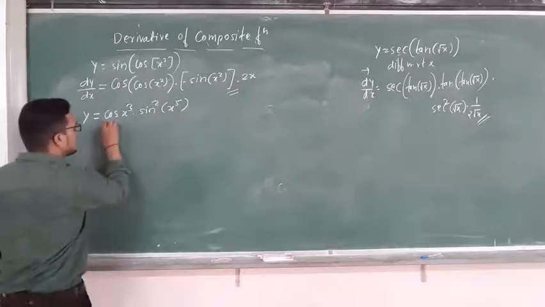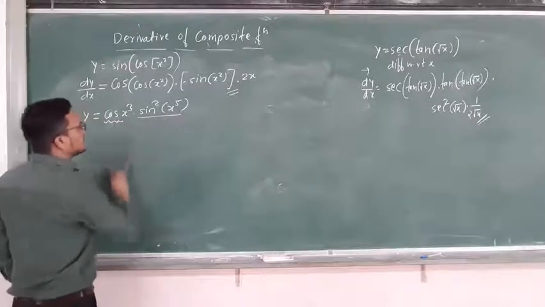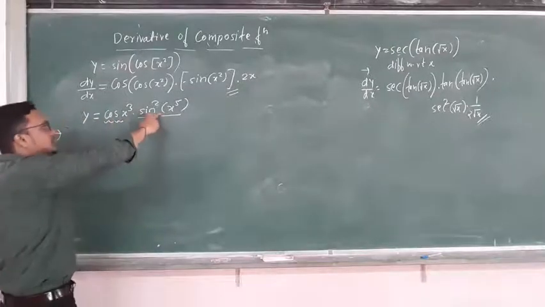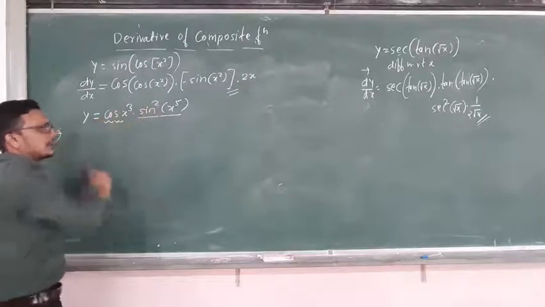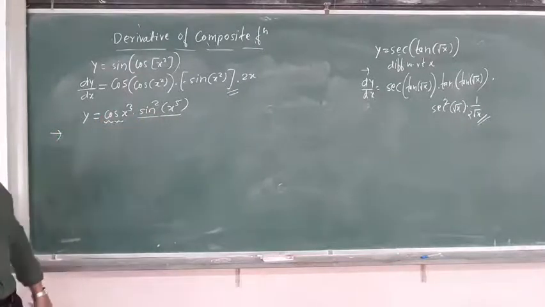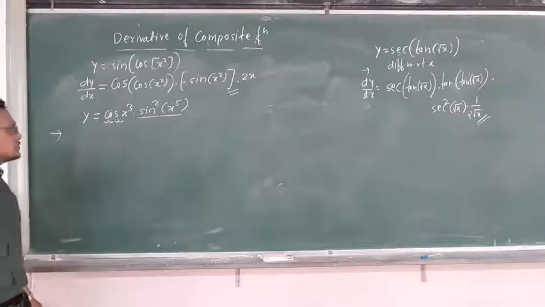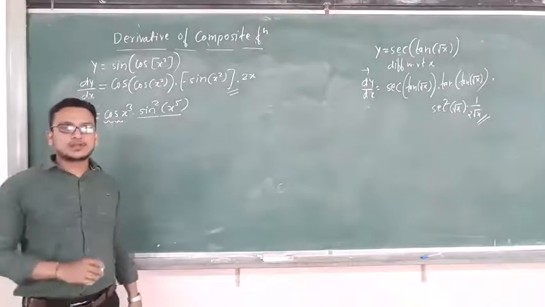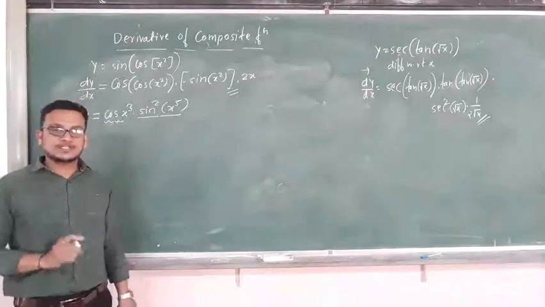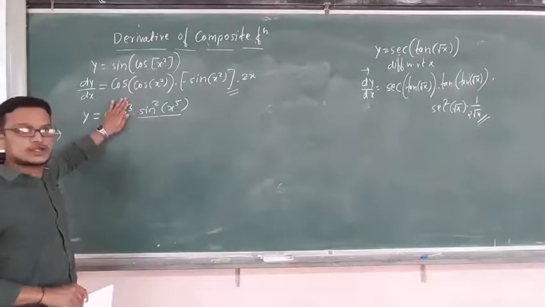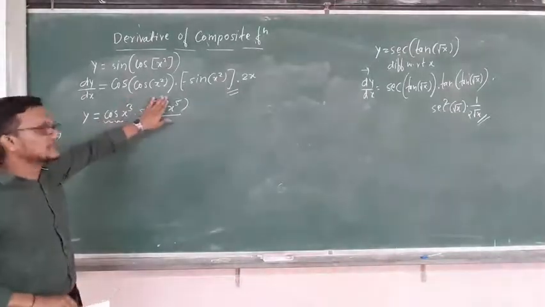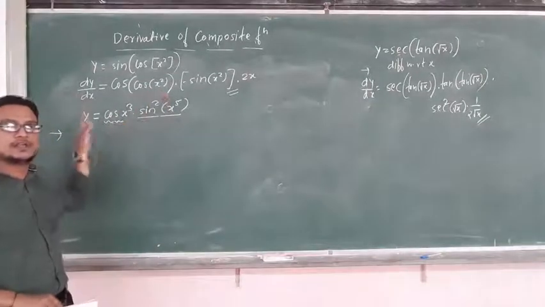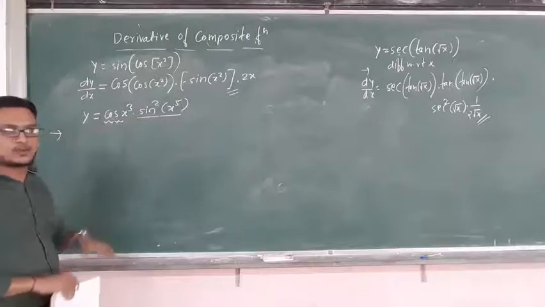This is one function, and this is the other. So we have to use the product rule. In the last video, I gave the product rule. What does it say? First function constant into derivative of second, plus second function constant into derivative of first.